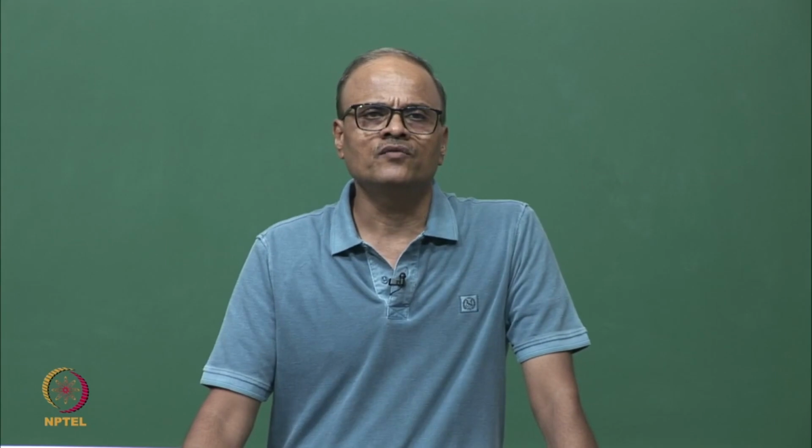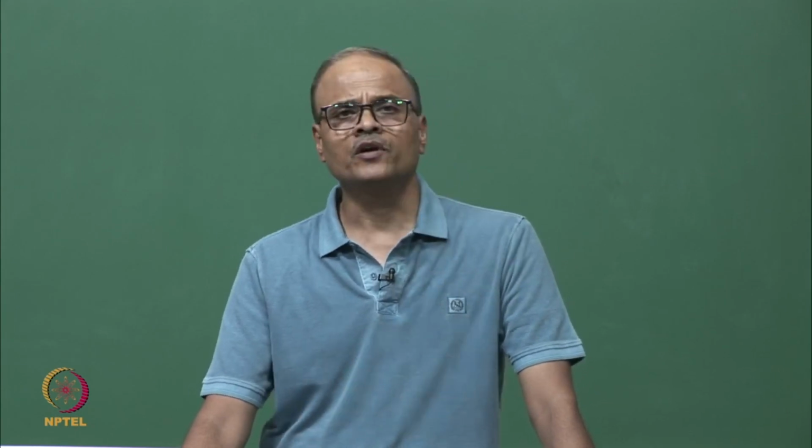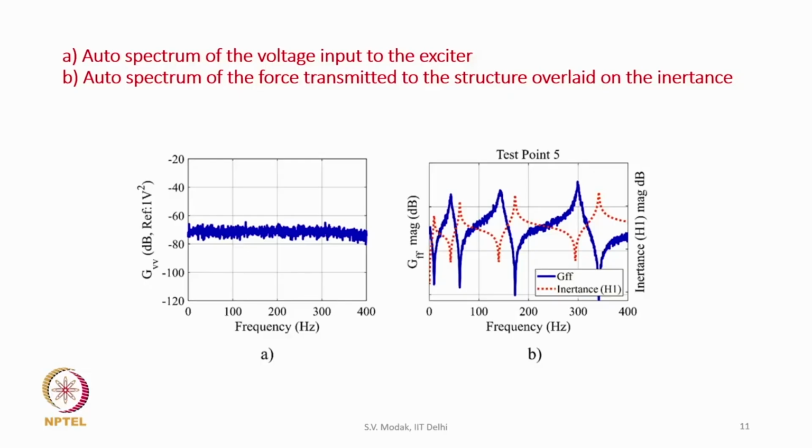On the left hand side we are looking at the auto spectrum of the voltage input signal, and because it is a random voltage input signal corresponding to 400 hertz, we see that the input voltage magnitude is roughly constant over this whole band. That is what we expect. The random signal over 0 to 400 hertz will have a roughly uniform magnitude over the whole range.